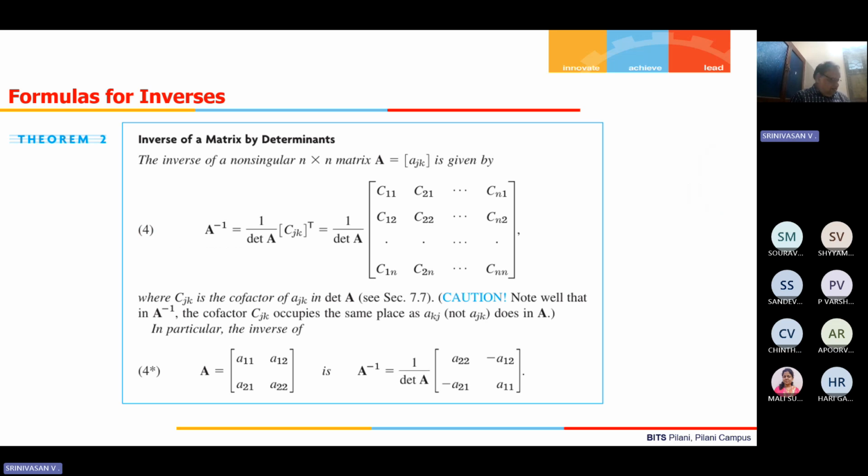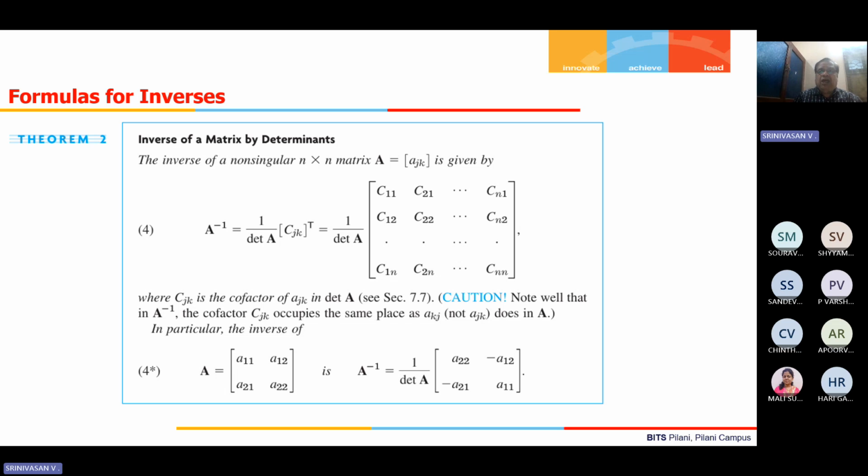And you know this very well. A inverse is 1 by determinant A into the transpose of C_jk, which can be regarded as adjoint A. Adjoint of matrix A is nothing but, if you just look at this, the transpose of C_jk, with superscript T meaning transpose of.